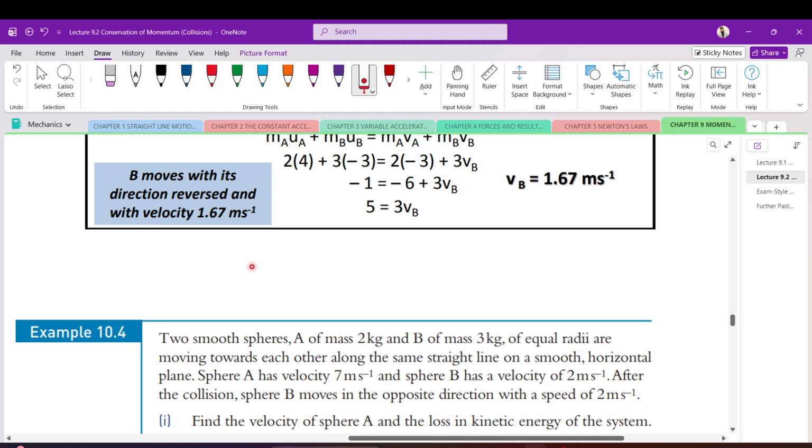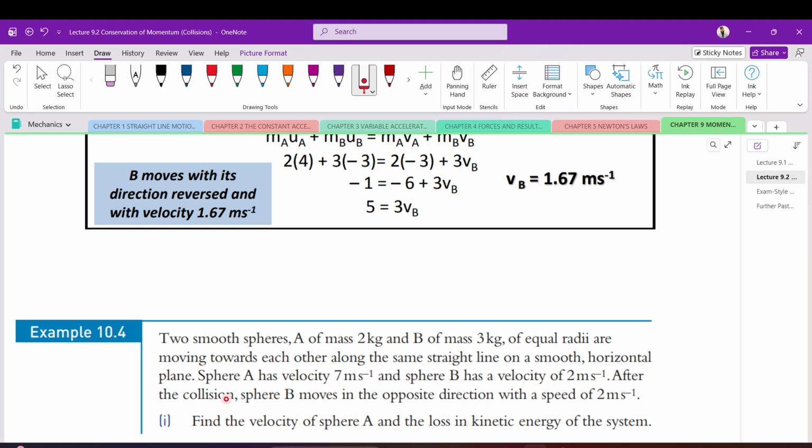Two smooth spheres, A of mass 2 kg and B of mass 3 kg, of equal radii, are moving towards each other along the same straight line on a smooth horizontal plane. Sphere A has a velocity of 7 meters per second and sphere B has a velocity of 2 meters per second.